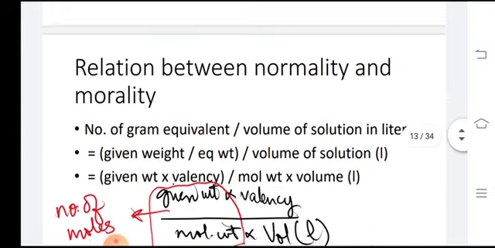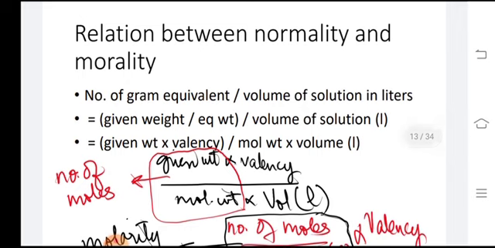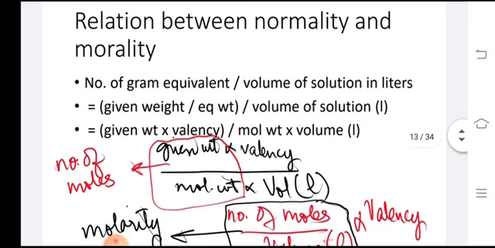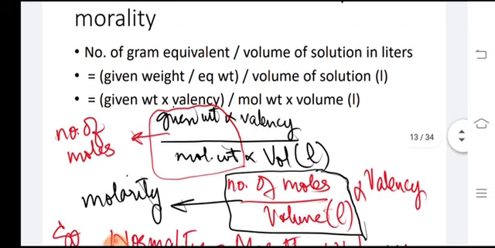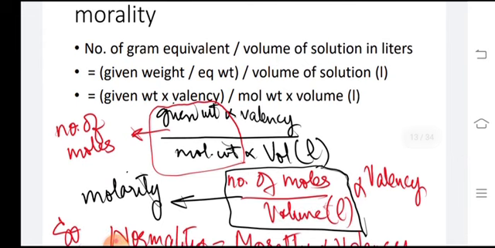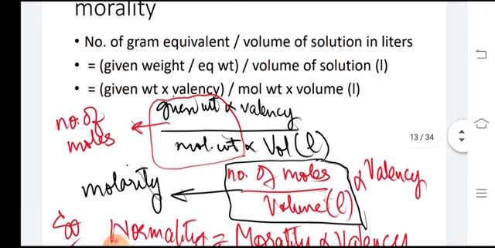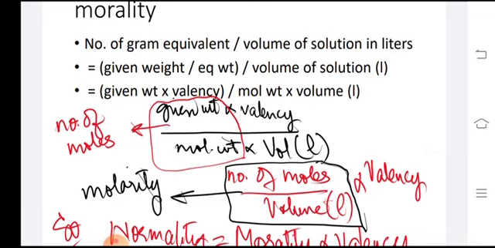So there is a relationship between normality and molarity. Sorry, it is molarity, I have made a mistake. The number of gram equivalents divided by the volume of solution in liters gives us the normality formula.